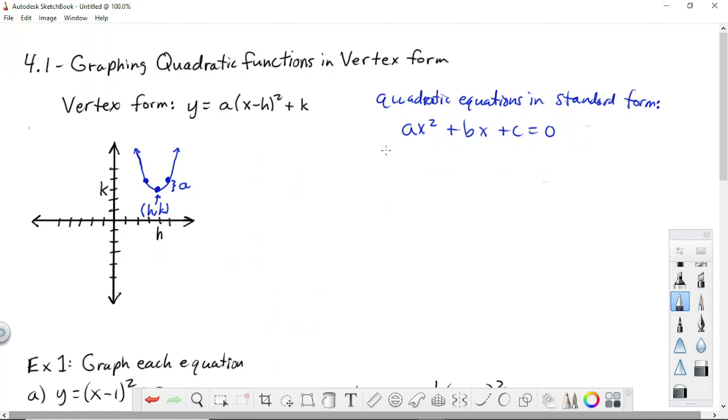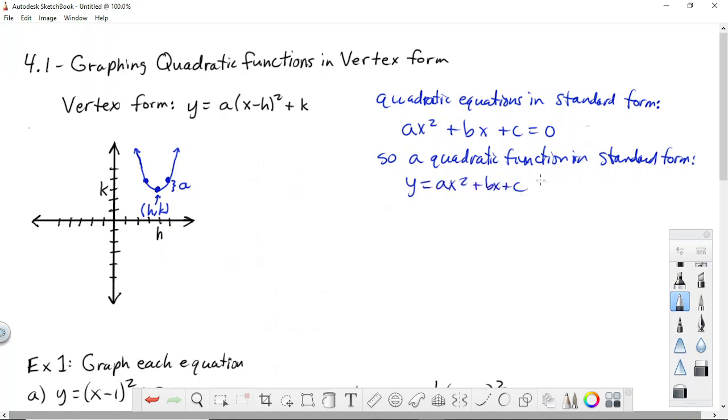So let's look at what a quadratic function in standard form looks like. A quadratic function in standard form is going to look like this: y equals ax squared plus bx plus c.